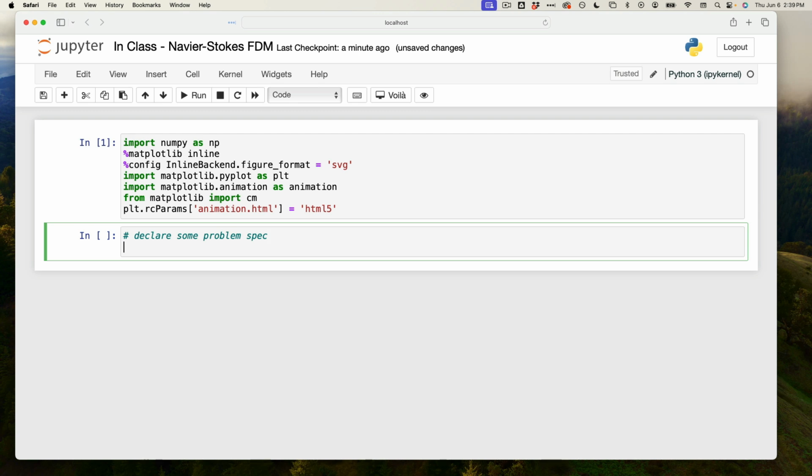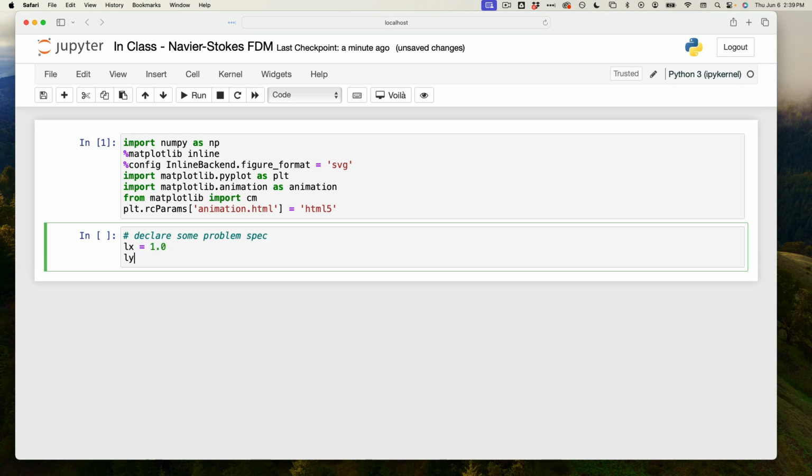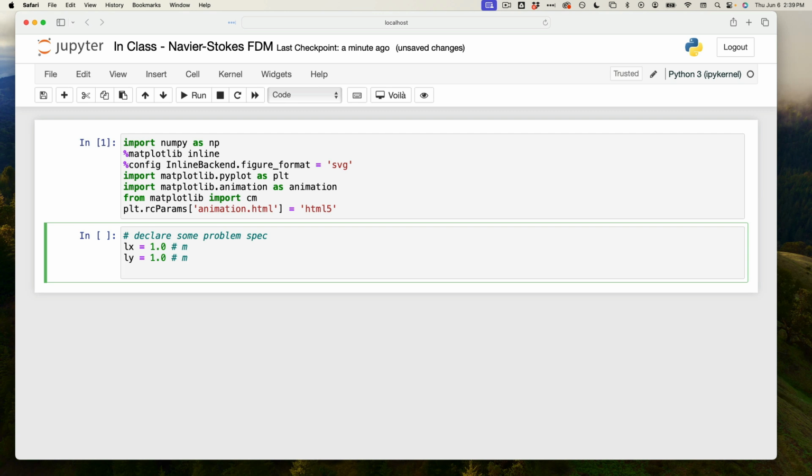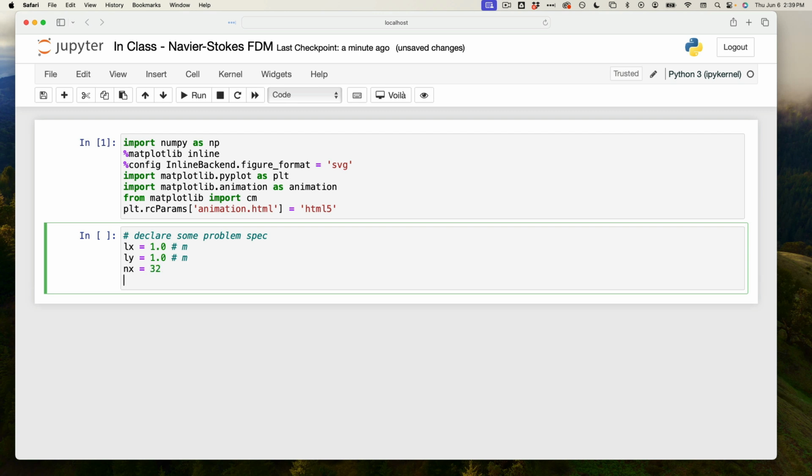So Lx is equal 1.0. This is a cavity of 1 meter by 1 meter. All right, we will do 32 grid points in X and 32 grid points in Y.